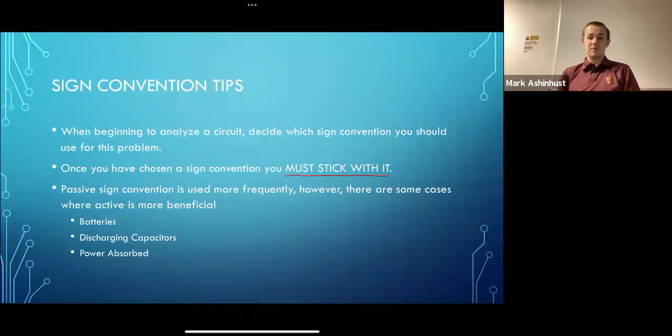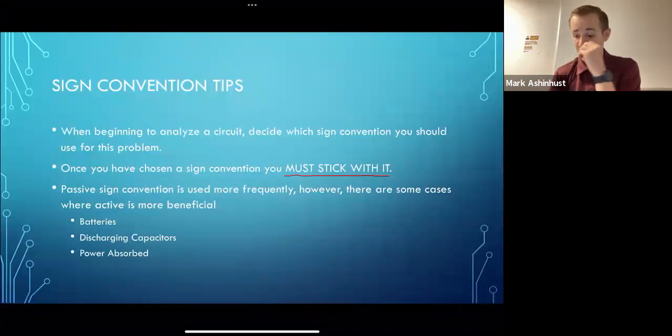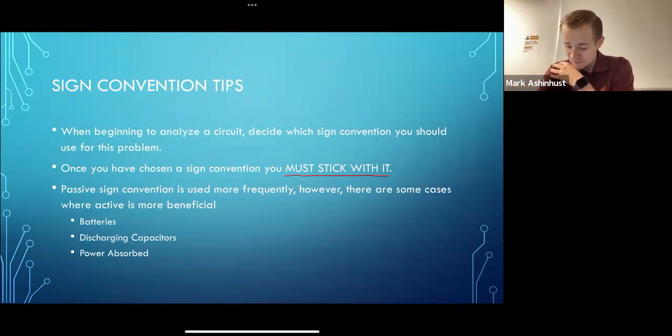So some of my tips with sign conventions: when you begin analyzing a circuit, you need to decide which sign convention you want to use. Now, how do you decide? We can go to our third point and skip the second one for a minute. Passive sign convention is used most frequently in many of the circuits that we've solved.